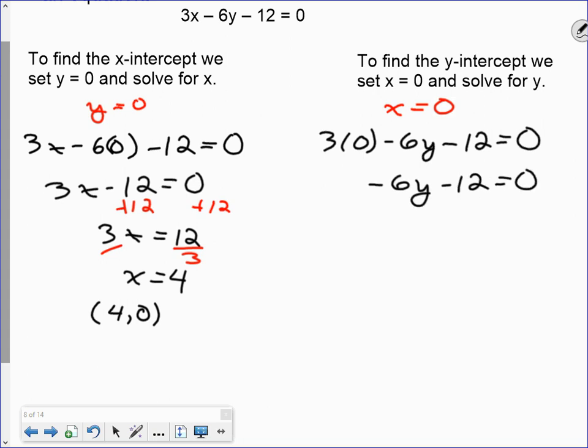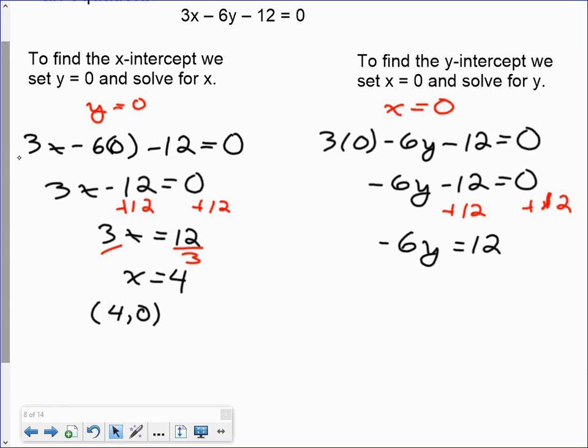Negative 6y minus 12 equals 0. And then again, we can solve this the same way. We're going to add 12 to both sides, plus 12 plus 12, to get negative 6y equals 12.